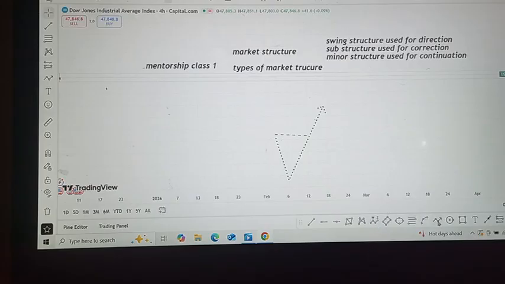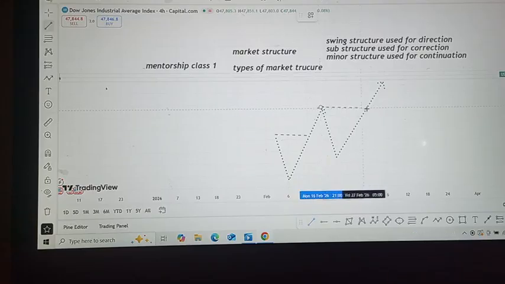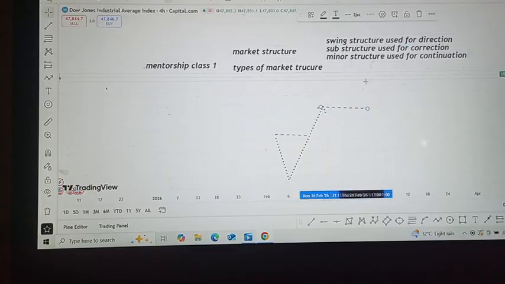And substructure is the correction. When market creates or breaks structure, the correction or the pullback is what is called the substructure. This correction here is the substructure. Then the minor structure is the continuation. This leg that comes up is what is called continuation. Then break of structure. So that is actually the types of market structure that we know.